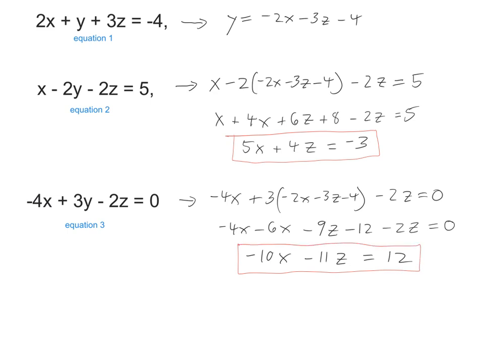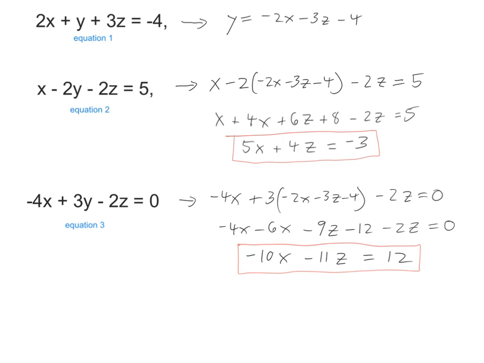And notice that I now have two equations and two unknowns. These two equations just involve the x and the z variables, and they no longer involve y. So now I'm down to two equations, two unknowns. And now I can go ahead and solve these two boxed equations.